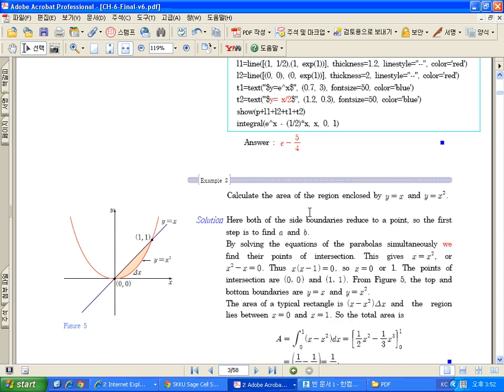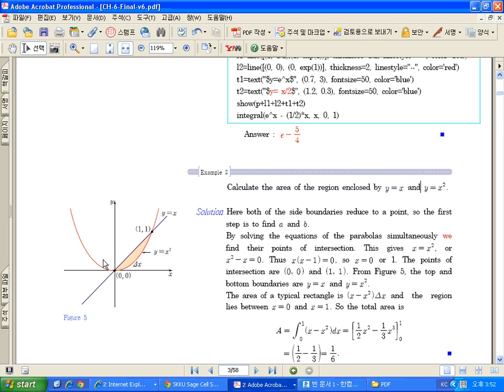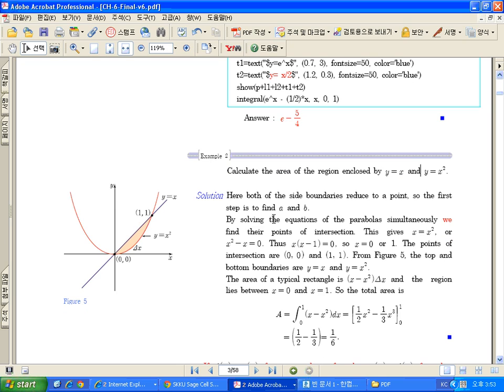Okay. So the next example: calculate the area of the region enclosed by y = x and y = x squared. In this case, we don't know which graph is on the top and which one is on the bottom, and where those two graphs meet.